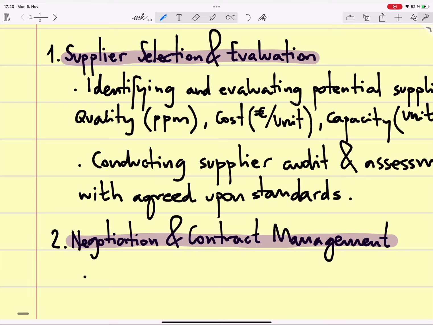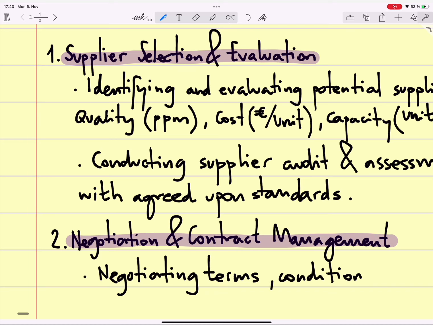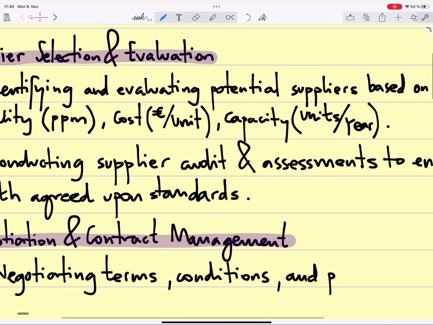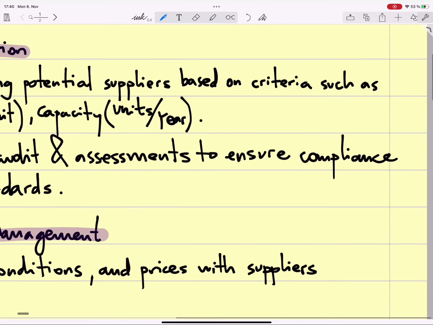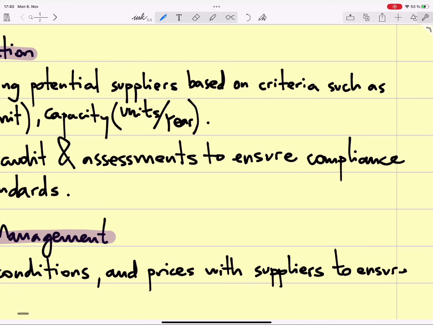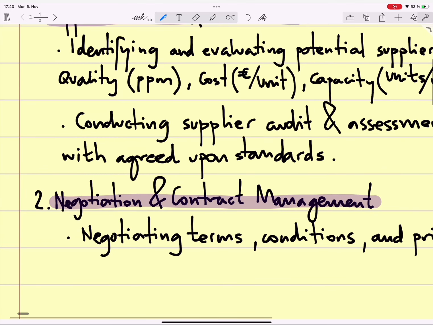So here we look at negotiating terms, conditions and prices with suppliers to ensure favorable agreements.